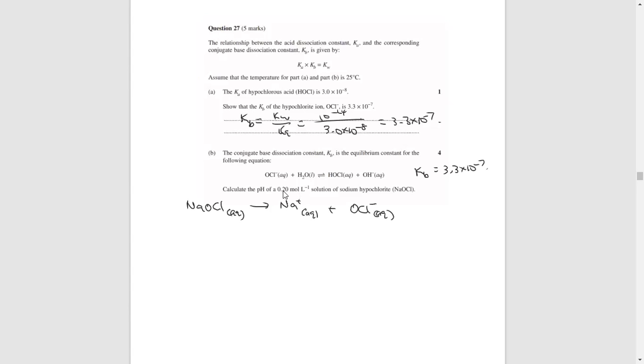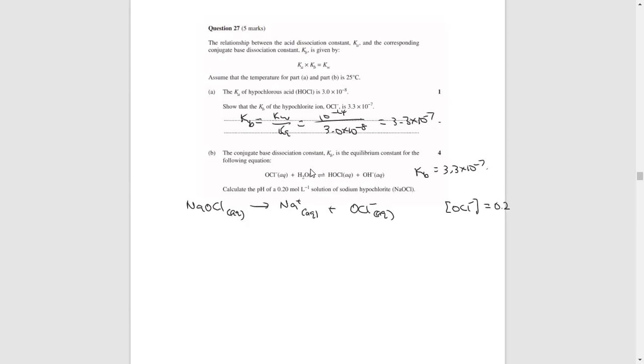So if you have 0.2 mole per liter of sodium hypochlorite, then you're going to have 0.2 mole per liter of hypochlorite ion. Now, that hypochlorite ion will react with water and partially react to form some OH minus and some HOCl.